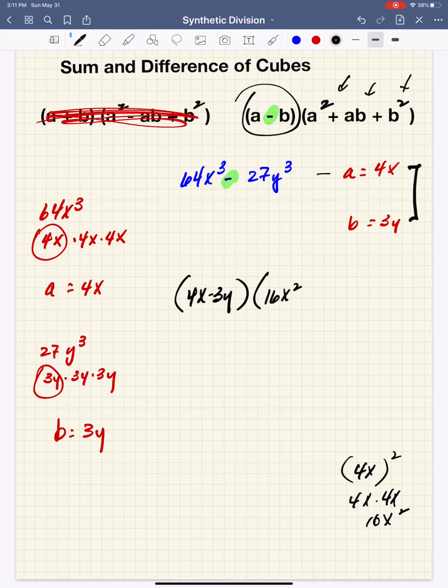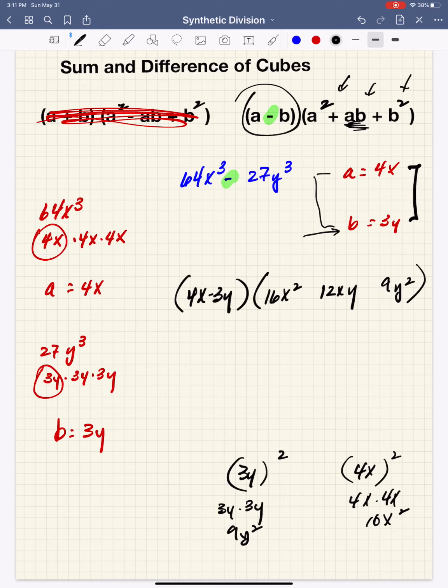I'm going to multiply them together and get 12xy. Then I'm going to square 3y and get 9y squared, because 3y squared is really 3y times 3y, which is 9y squared.